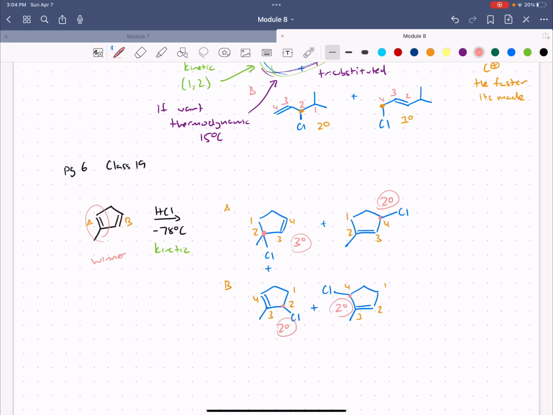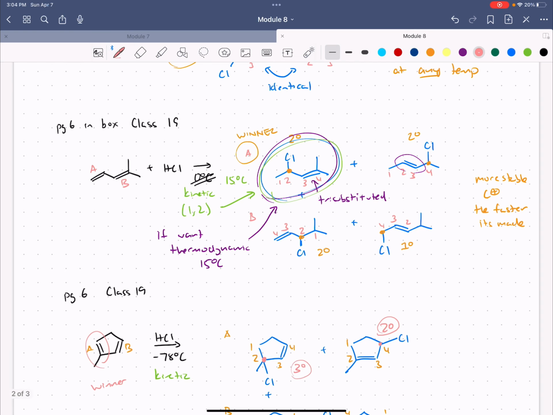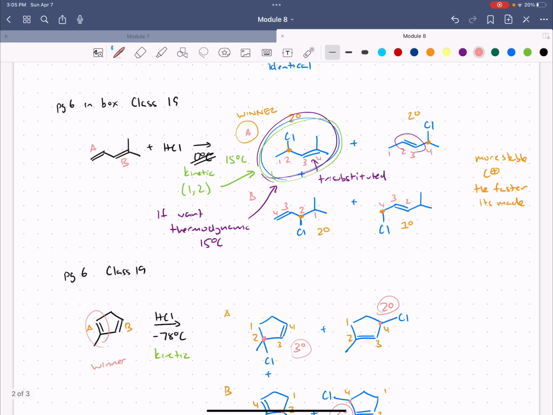Okay, let me double check because now I'm a little nervous. Why is that? It's because up here when we use double bond A, when we shifted it, we got... oh boy. I forgot a methyl group up here.